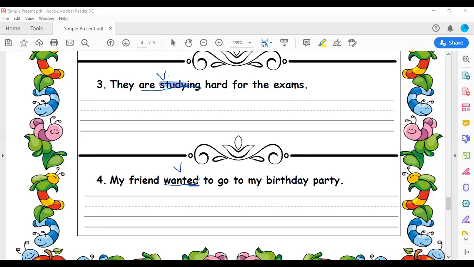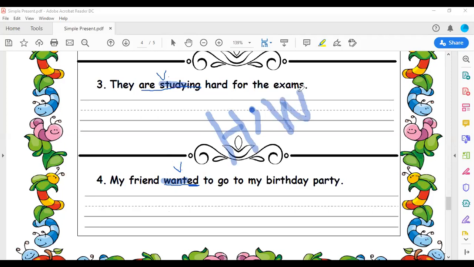Excellent, because it has ed. So the main verb is want without ed. And I have here my friend. My friend, is it singular or plural? Remember, if it is singular, I add s to the verb. If it is plural, I don't add anything. So these 2, 3, and 4 are homework.